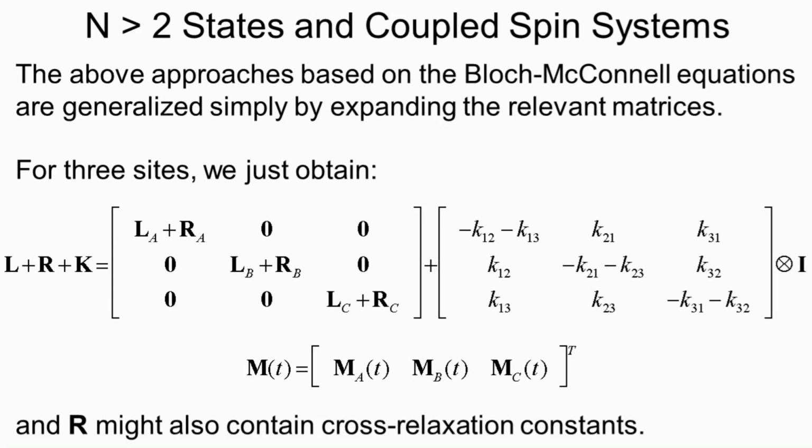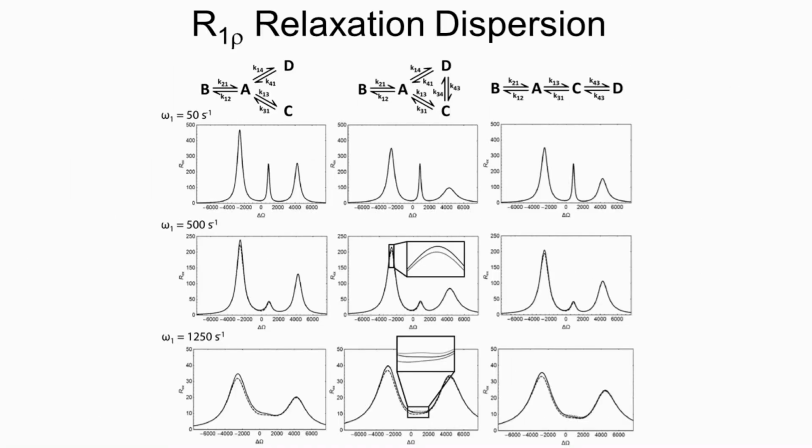And here are some sample calculations, this actually is 4 states, for different geometries for 4 states that are exchanging with each other, and R1 row profiles for different parameters, different field strengths here, simply to show that the phenomenology can be quite complicated, and there are limits in which one can detect that there are 4 states, because the number of peaks in these relaxation dispersion profiles should be 1 less than the number of states.